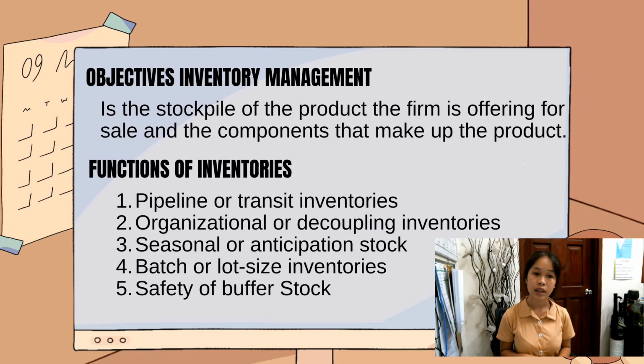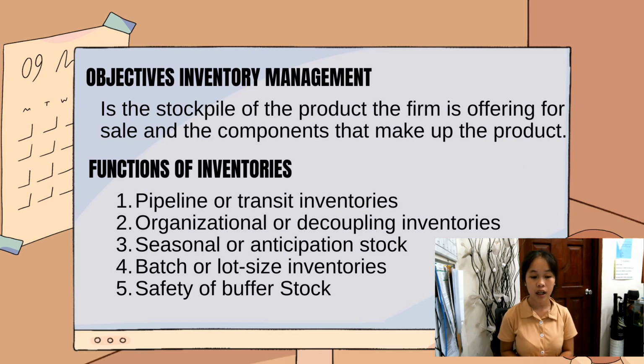And second is organizational or decoupling inventories. These are inventories that are maintained to provide each link in the production distribution chain a certain degree of independence from the others. This will take care of random fluctuations in demand and/or supply.